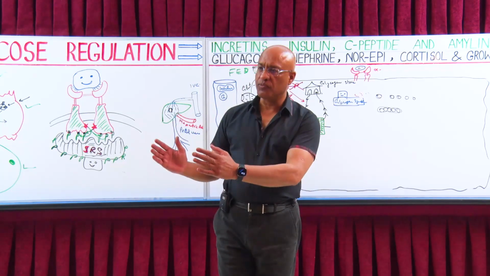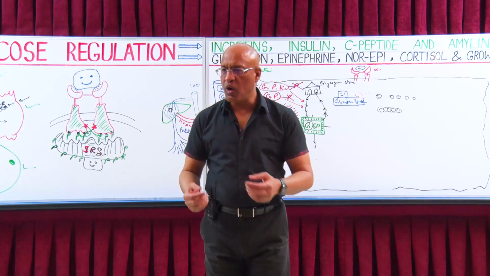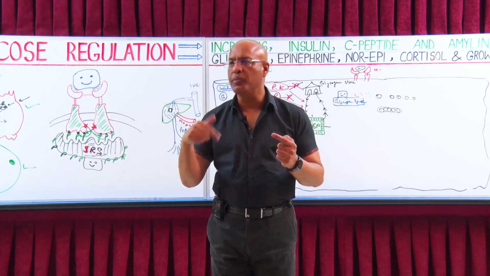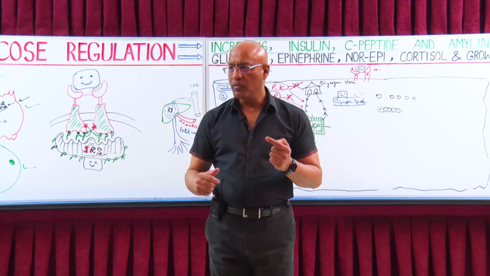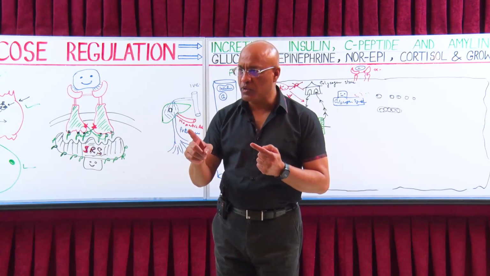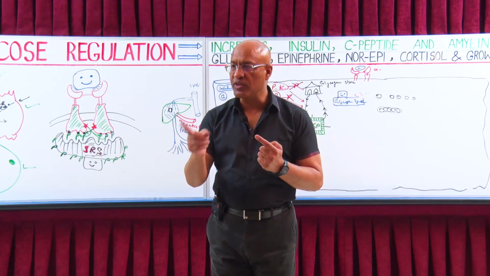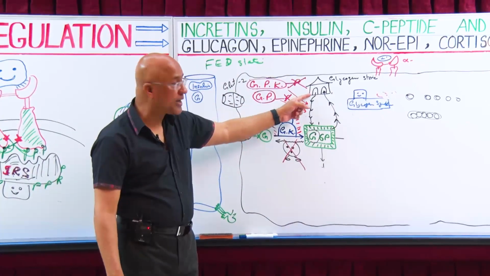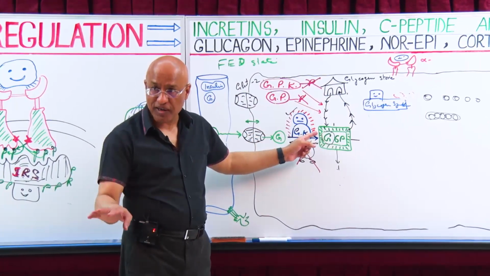In the fed state, when you have eaten a lot, do you want to form glycogen or break it down? You want to form glycogen. So glycogen synthase should be stimulated and the glycogen-breaking enzyme should be inhibited.